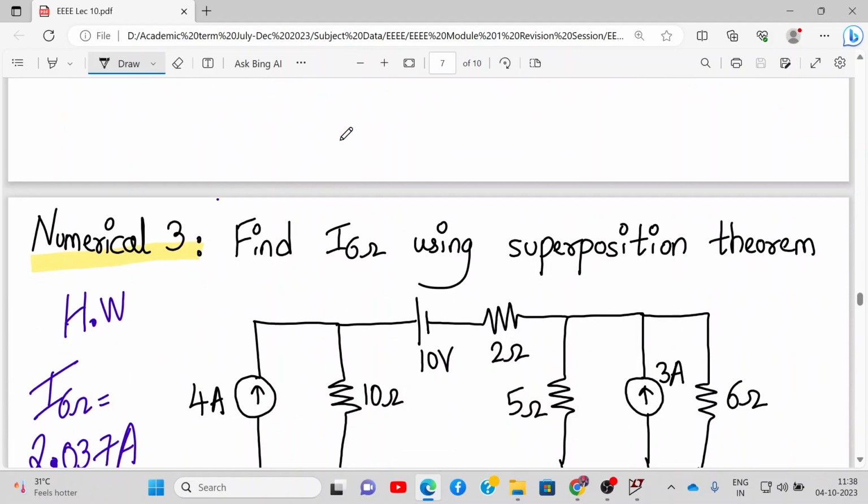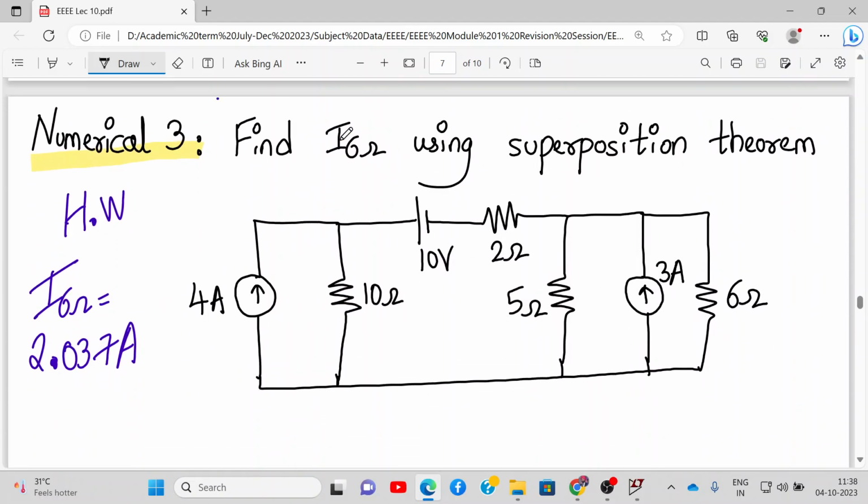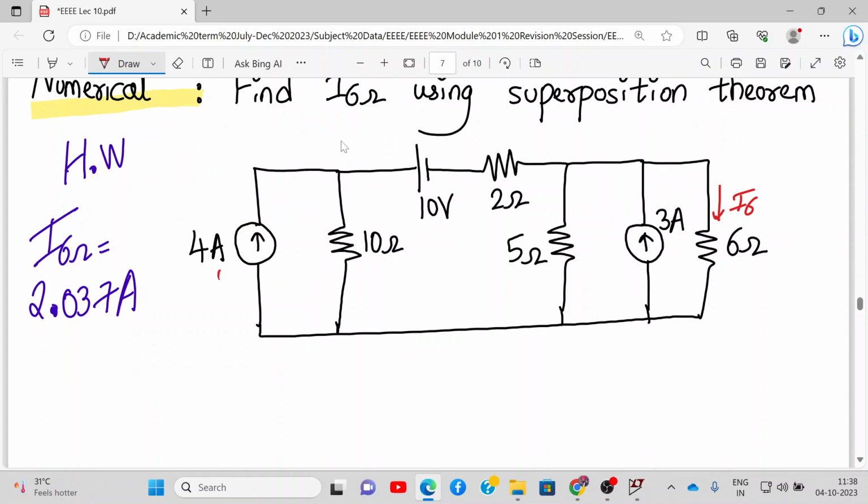Now let me give you one numerical for your home assignment. This is numerical number 3. You need to find the current flowing through the 6 ohm resistance. I'll give you a hint. First you find the current due to the 4 ampere current source and call that current I6 dash. Then you consider the 10 volt voltage source and call this current I6 double dash.